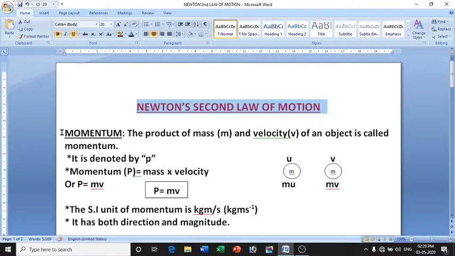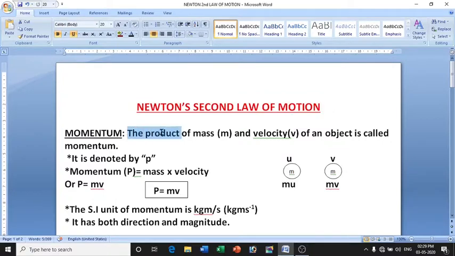So what is momentum? In common language it is the power of motion of an object. This power can be obtained by multiplying the mass of that object and the velocity of the object.